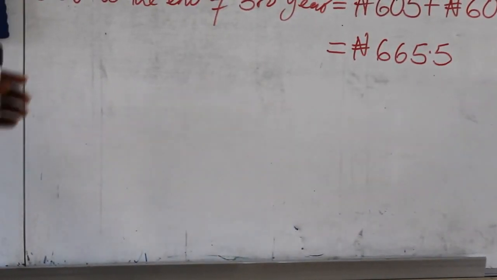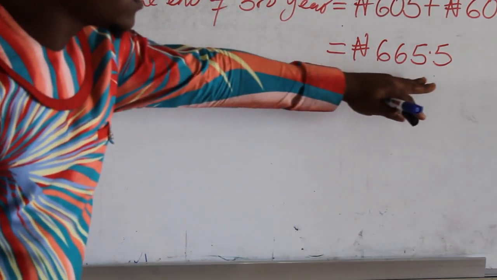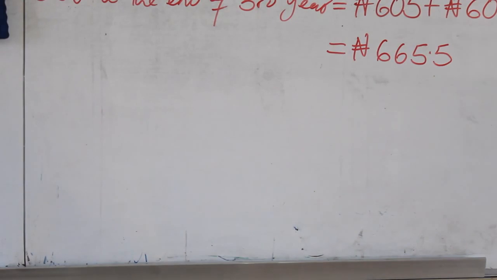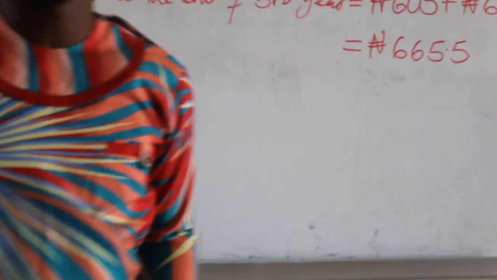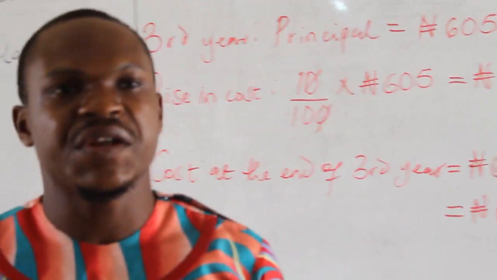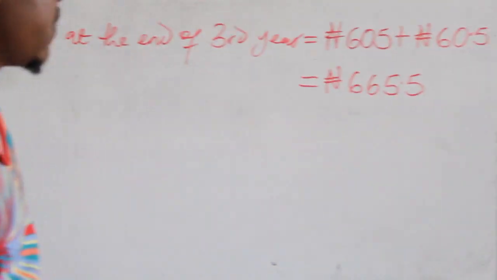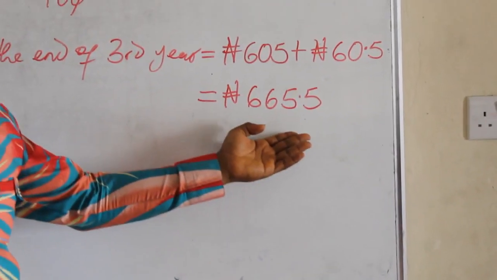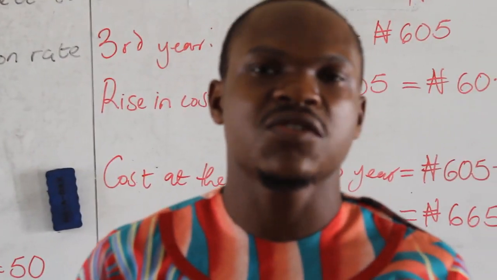So, since we have our cost at the end of the third year to be 665 naira 50 kobo, but the question says we should approximate to the nearest 50 naira. Now, to the nearest 50 naira means we have a range of between 650 naira to 700 naira. But if you observe here, 665 naira 50 kobo is already greater than 650 naira.